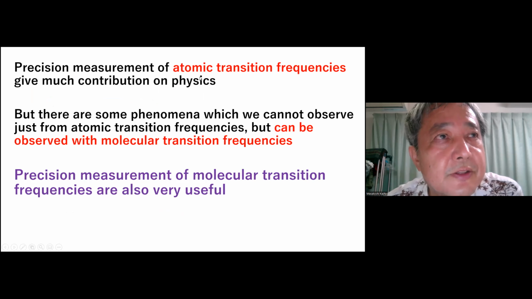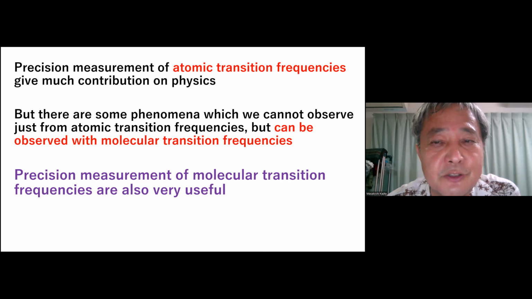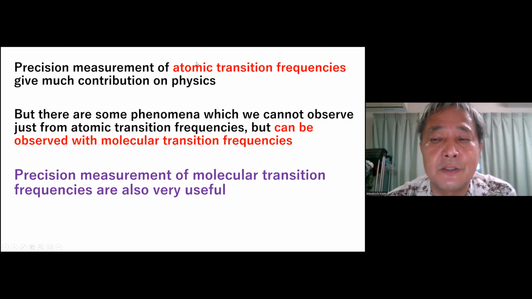There are also some other examples, but precision measurement of atomic transition frequencies has made a great contribution to physics. But there are also some phenomena which we cannot observe from atomic transition frequencies, but can be observed with molecular transition frequencies. So precision measurement of molecular transition frequencies is also very useful.